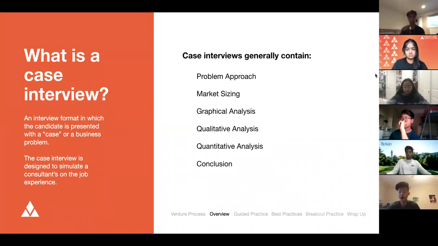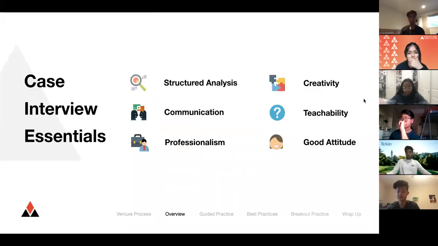Speaking of what we're looking for, here are some of the case interview essentials, we call it, but more so, these are what would make a strong case. So one is structured analysis. Are you able to work through a business case in a structured manner? That's one of the most important things. Second is communication.